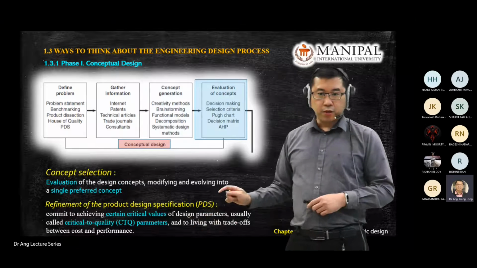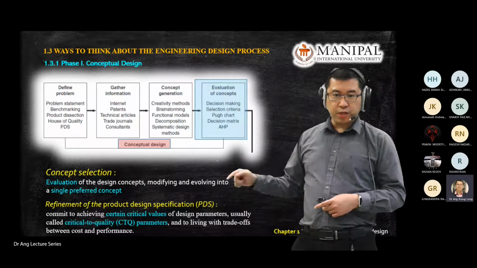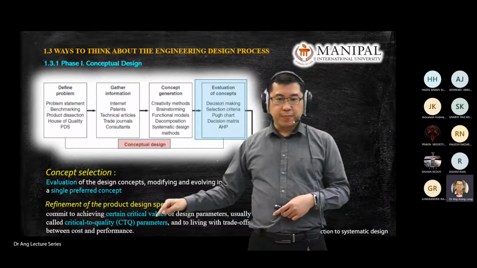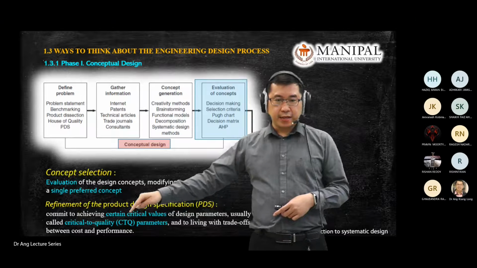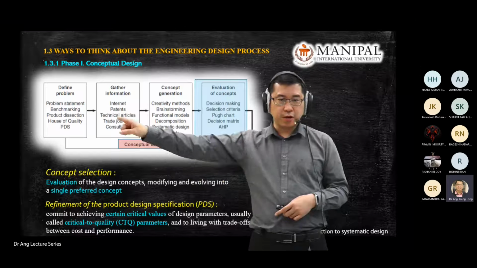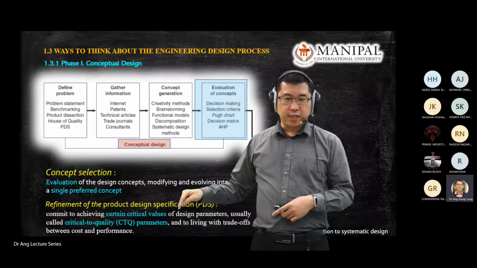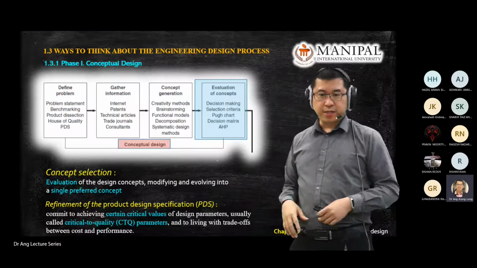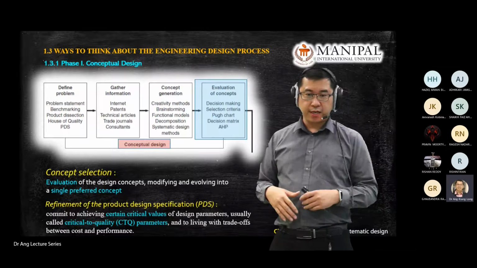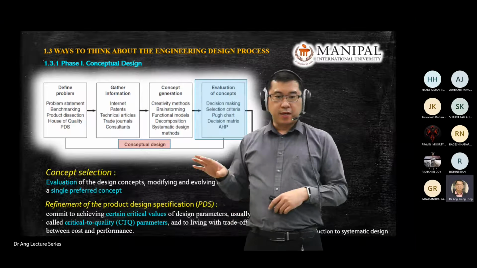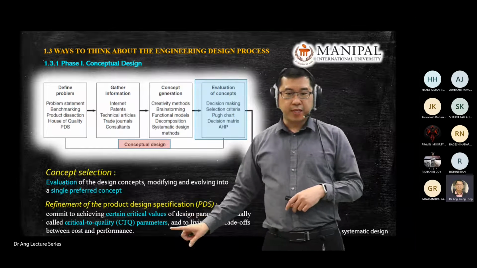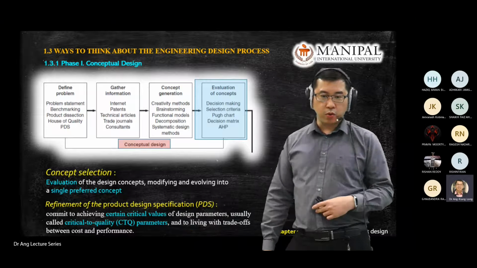Okay, so during the fourth stage, evaluation, you will come up with a few parameters that meet your solution, right? Your problem here. So in this case, back to our project, your task is to design a go-kart. When you design a go-kart, there will be some criteria or important parameters to look at.